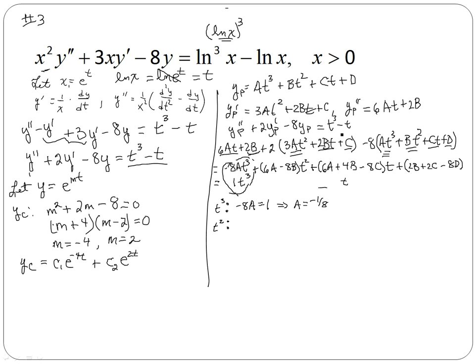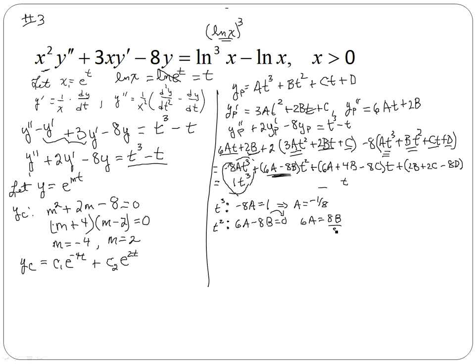On the t squared terms, notice that I have a t squared term here in terms of a and b, but I don't have a t squared term to match it up with. That tells me that 6a minus 8b is equal to 0. And here I can bring my b term over to the right side so that I get 6a is equal to 8b.